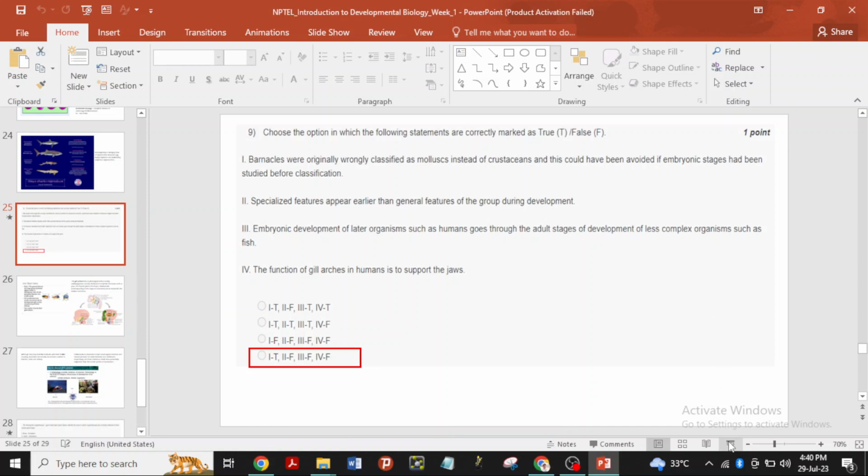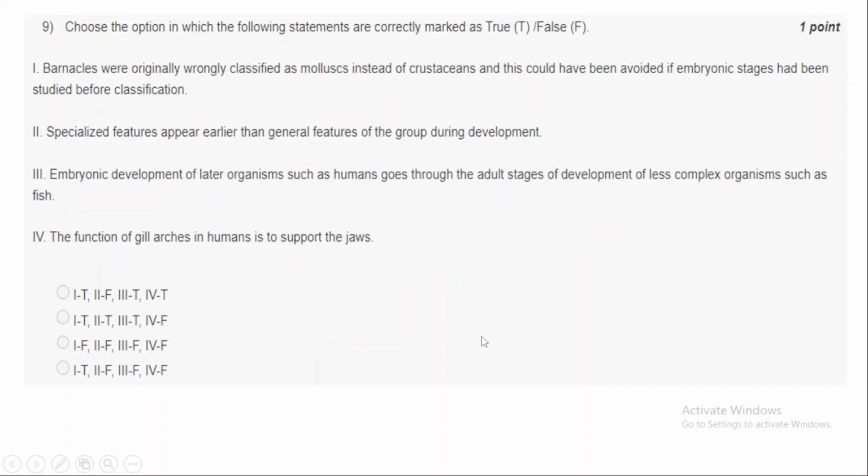I think this is the question which some people have confusion in. The third option: embryonic development of later organisms such as humans goes through the adult stages of development of less complex organisms such as fish.